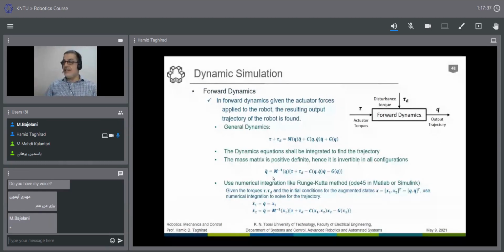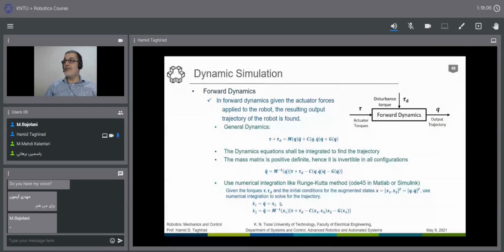I repeat here again that in forward dynamics, we give the input torque to the system, we give the initial condition to the system, and we use a first-order differential vector in state space. We give this function to the ODE function of MATLAB, and we get the output trajectory of the system, how the system is working.